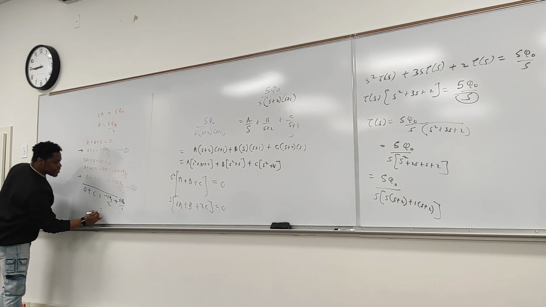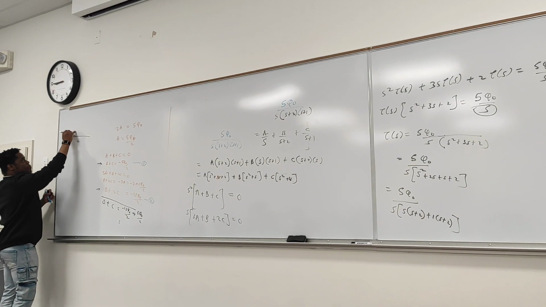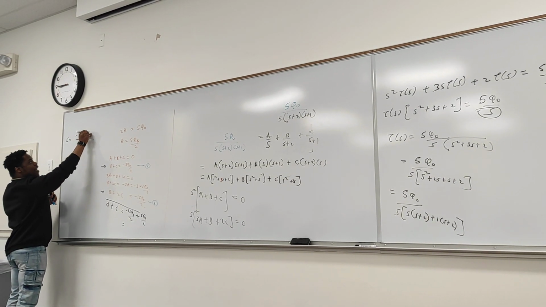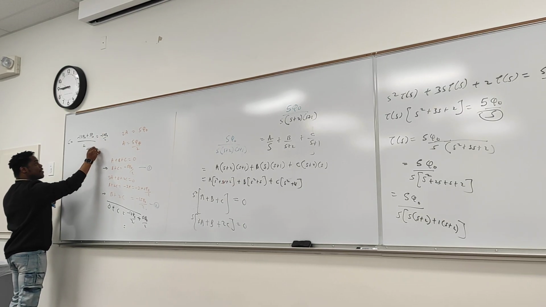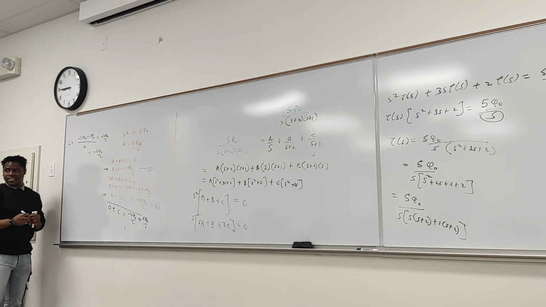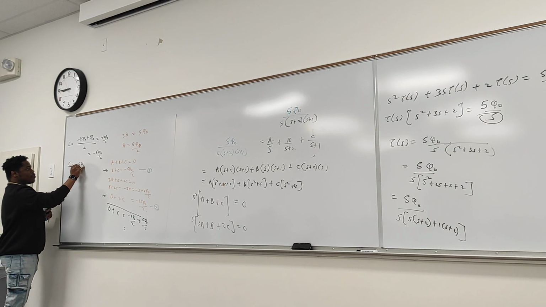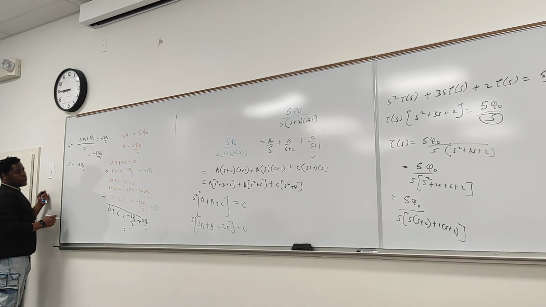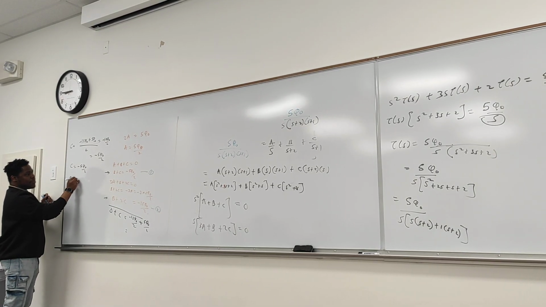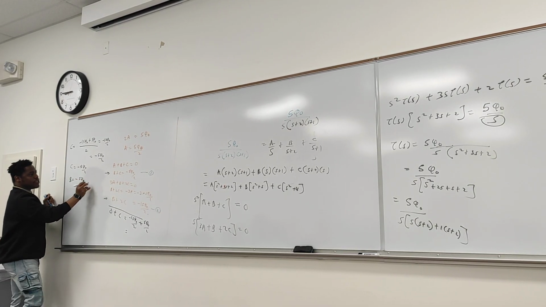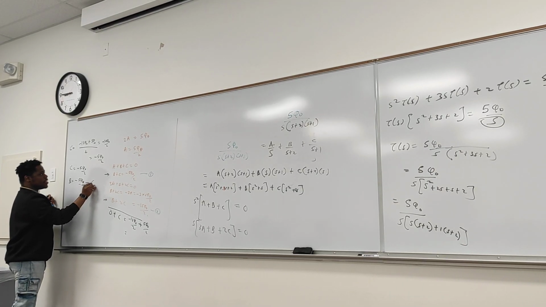If you do that, C would be minus 15Q naught plus 5Q naught, that would be minus 10Q naught over 2. That's minus 5Q naught over 2. Did anyone get that as C? So C is minus 5Q naught over 2. Then we know that our B is minus 5Q naught over 2 minus C.